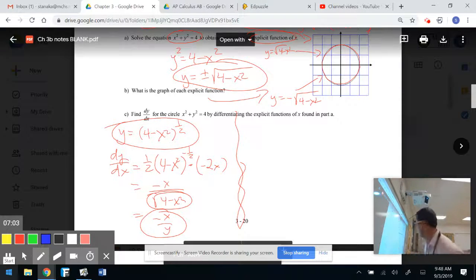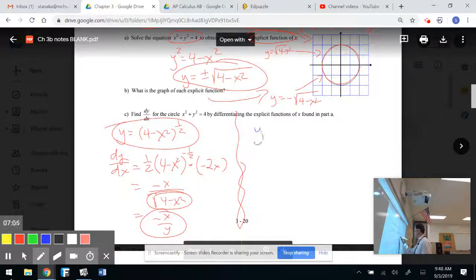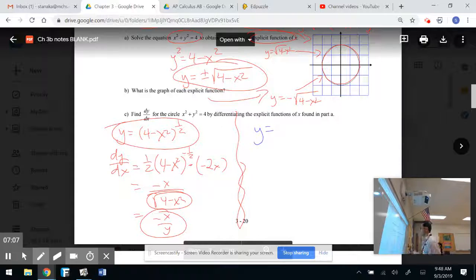Now let's use blue. We have y equals, and I'm going to do this for the entire problem, which is kind of a lot of work. But let's use the bottom half of that semicircle and find out what our derivative would be. Notationally, the derivative of y would be dy/dx. Everything's in terms of x. That's a power rule with a chain rule. Don't you dare touch that inside.